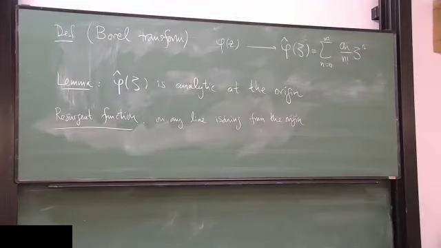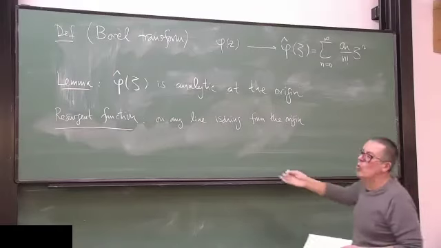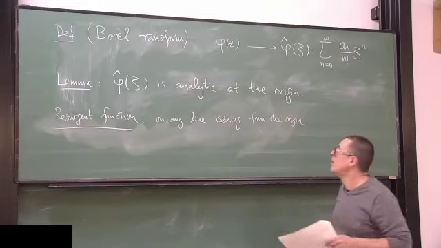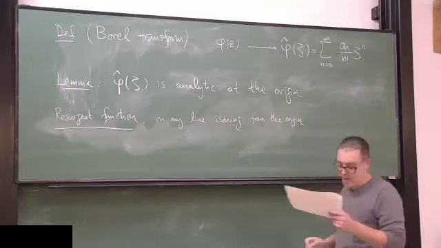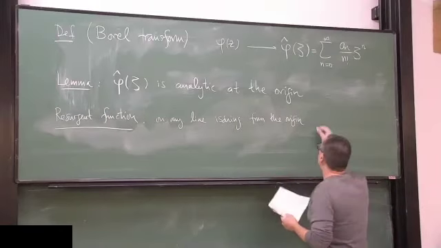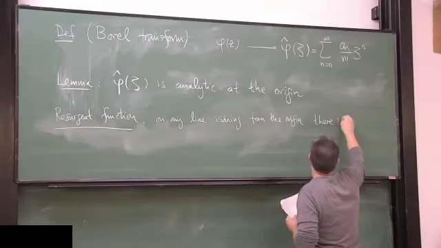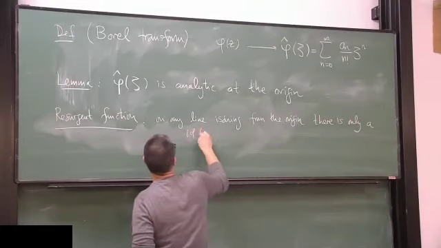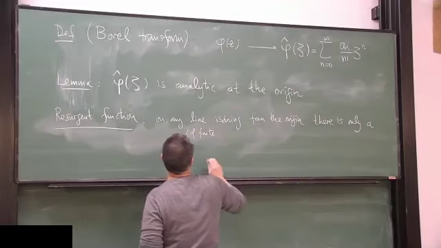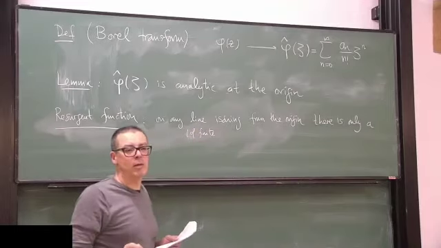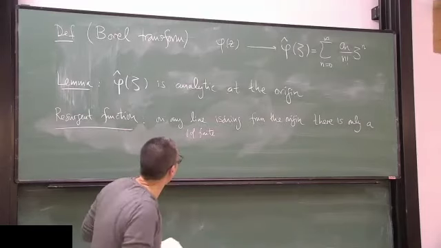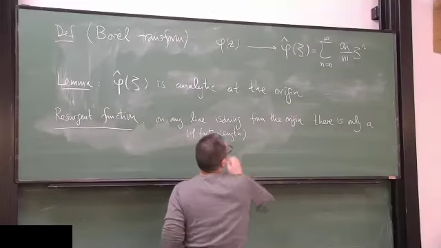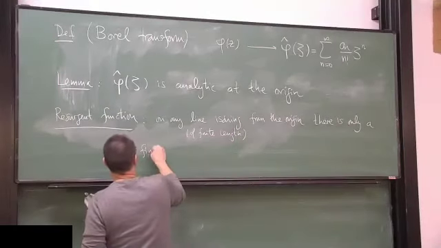It's any line of finite length, not a ray of infinite length. Not necessarily straight. Let's say on any path of finite length, there is only a finite number of singularities.